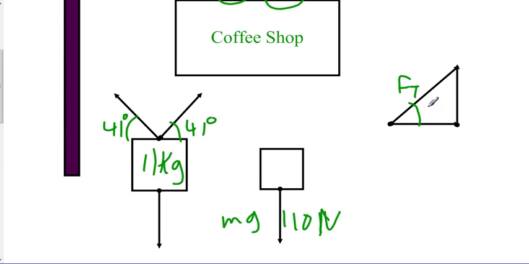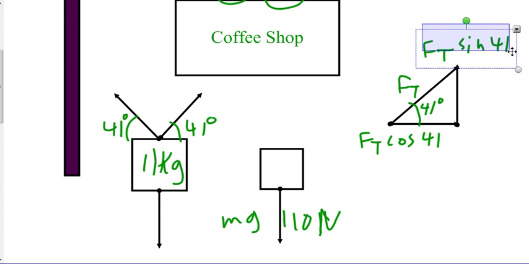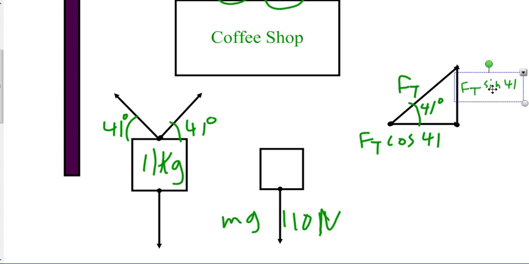And so this is 41 degrees, and so if we're looking for the x component here, we just do Ft cosine 41 because this is the adjacent, so we use cosine, and for the y component we use Ft sine 41. And this will be the y component. So let's shrink that a little bit so you can see that there. And so this will be for this vector on the right.